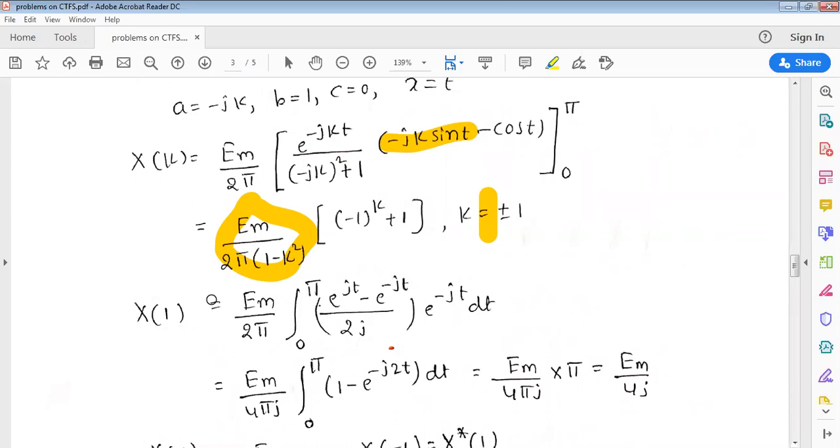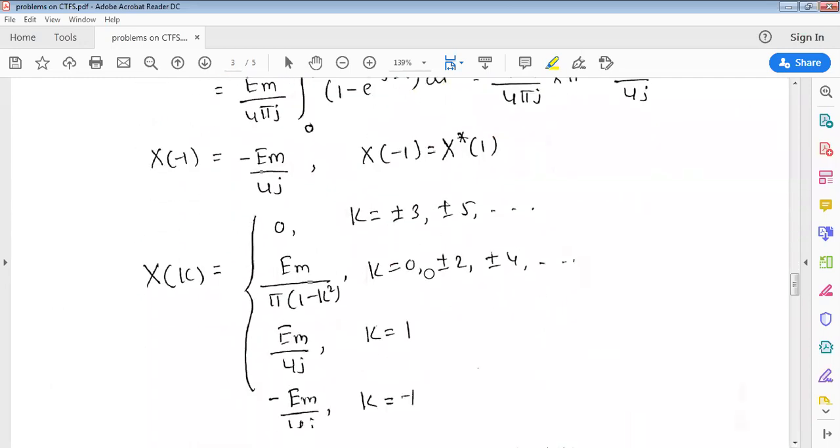So 2 gets cancelled. Divided Em by pi into 1 minus 2 square, that is -3. So write the same equation, Em by 2 pi into 1 minus k square into -1 to the power k plus 1, when k is plus 2, plus 4, plus 6, something like that. I have written the same equation.